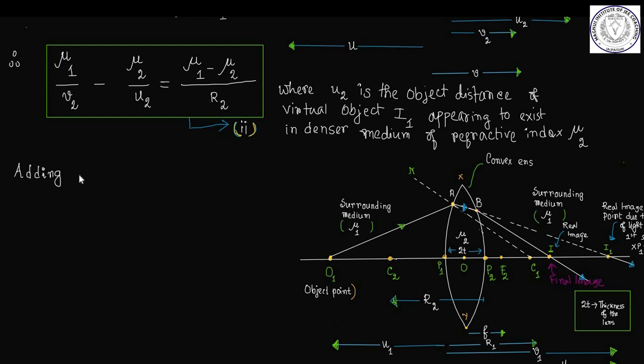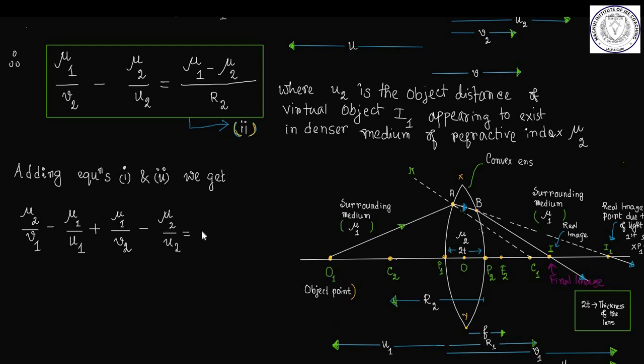Adding equations 1 and 2, we get mu2 by v1 minus mu1 by u1 plus mu1 by v2 minus mu2 by u2 is equal to (mu2 minus mu1) whole divided by r1 plus (mu1 minus mu2) whole divided by r2.